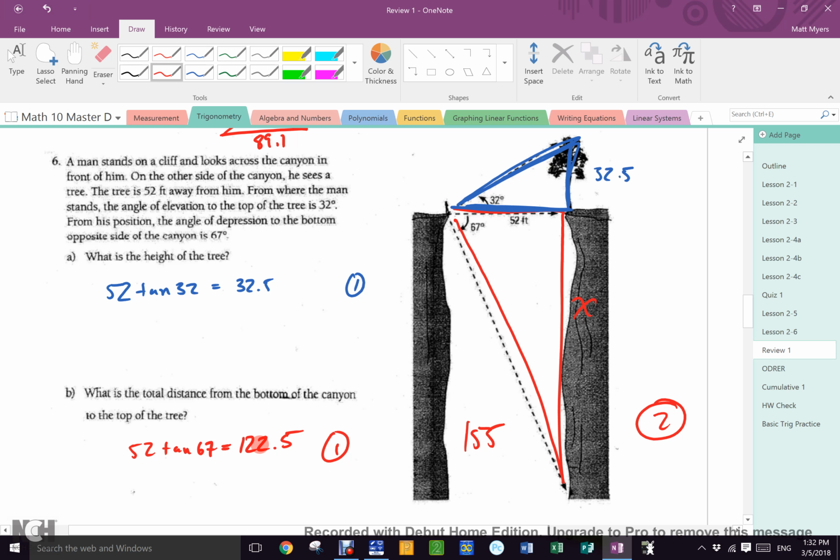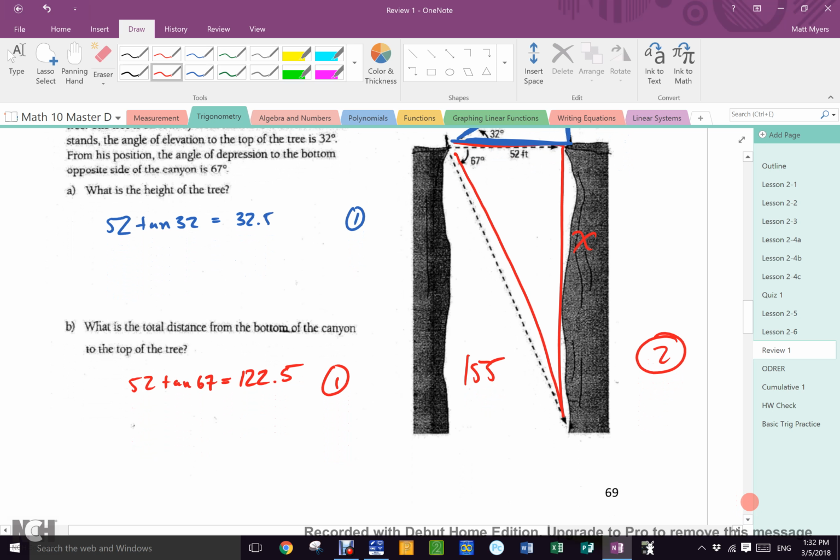Now listen to me. Again, I remind you all. Assessment is changing. If you did this, and added, that's going to get you 3 on the 4-point scale. How do you get 4 on the 4-point scale? You don't round till the end. You do 52 tan 32 plus 52 tan 67 equals.